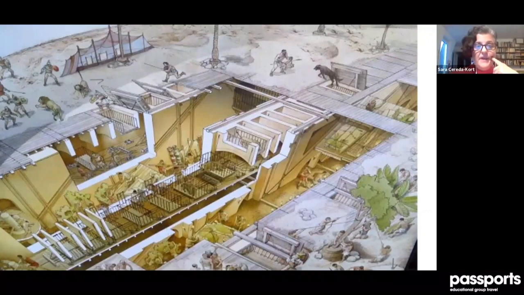When we go inside the Colosseum, remember this shot where you see how the underground was, where all the animals were kept, where the gladiators would come up by different ramps or a kind of elevator to be there on this incredibly big stage.